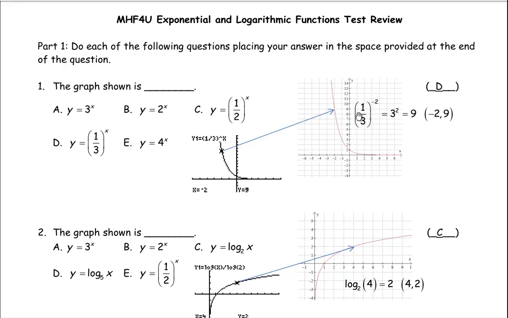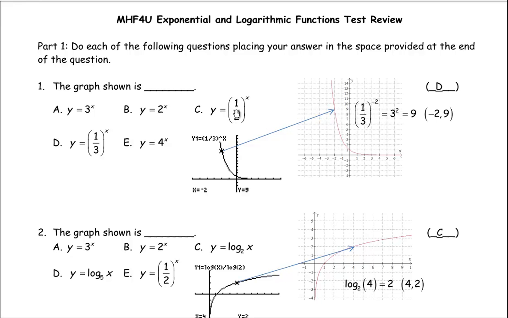A way you can evaluate this without getting into too many reciprocals is if you take the reciprocal of the base, then the exponent changes sign. So a third to the power of -2 is the same as 3 to the power of +2, which equals 9. And so that equation does generate the correct y value.